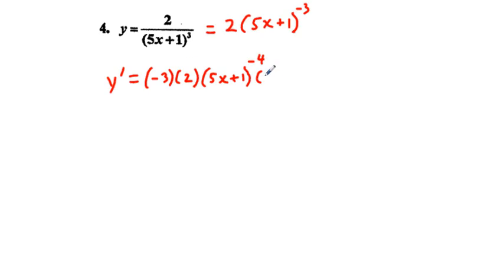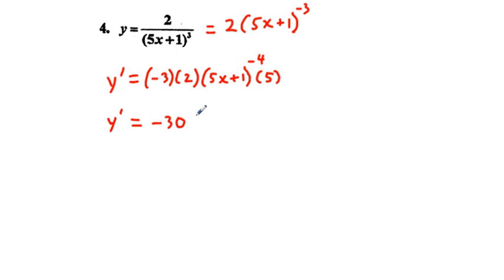Okay, 5x plus 1, that's going to be 5. And negative 3 times 2 will be negative 6, times 5 will be negative 30. That's y prime.